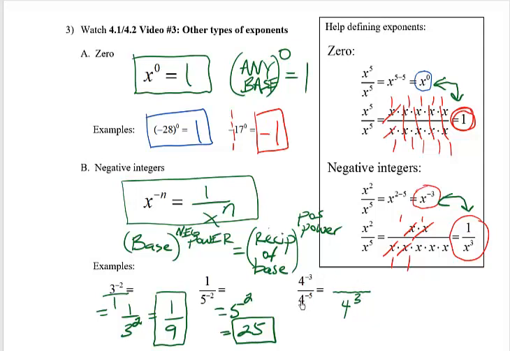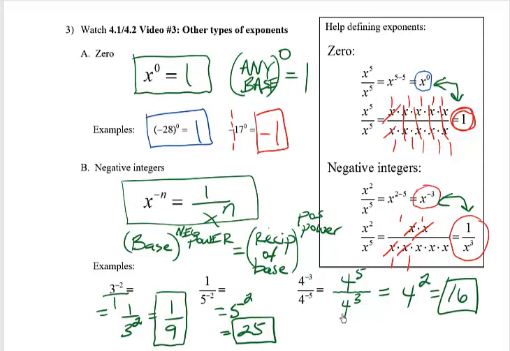This 4 that was on the bottom is like a 1/4, and I'm going to reciprocate it to the top, which allows me to change the sign of the exponent. This is now very simple to work out. Actually, I can use that rule 2 of exponents, the one that says when you divide like this, the base ends up on top, and you subtract the powers, top minus bottom, for a final answer here of 16.